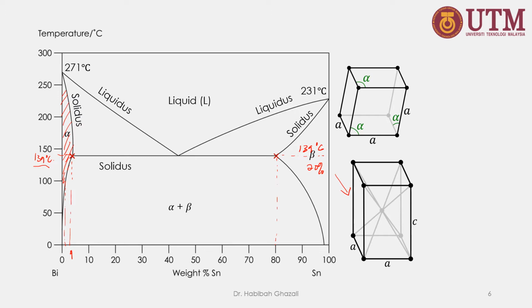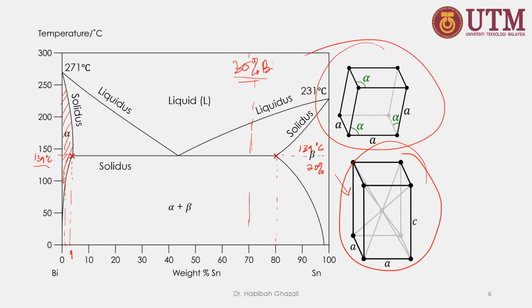So if we have our alloy, let's say with 30% of bismuth, only 20% can form beta solid solution. The rest needs to form another type of solid solution. So that's what will be discussed in this lecture.